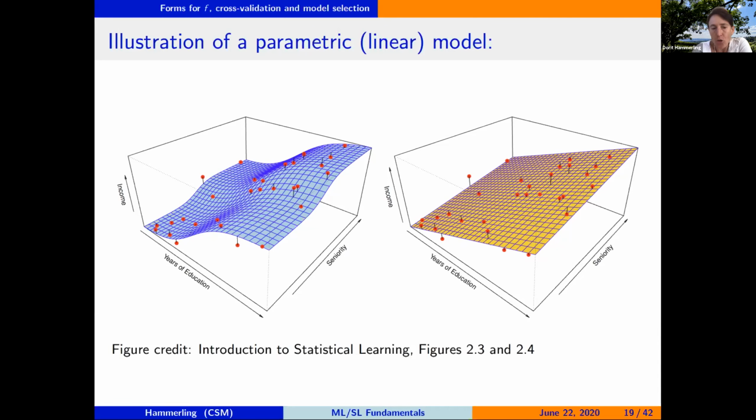And you can see the red points are the samples we get. And there are still slight deviations here. Again, these black lines are the so-called irreducible error. There's just some noise around the data that even though we know what the true relationship is, there's some inherent variability between people. What you see on the right-hand side now is that we are fitting a parametric model.